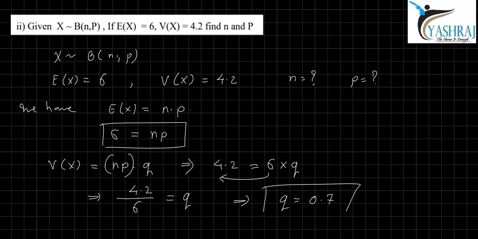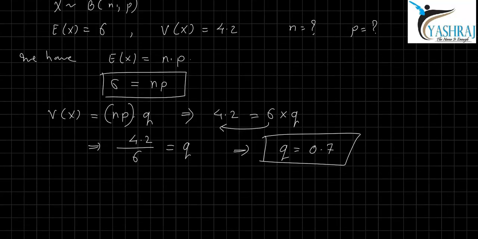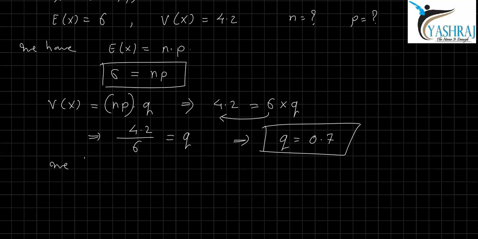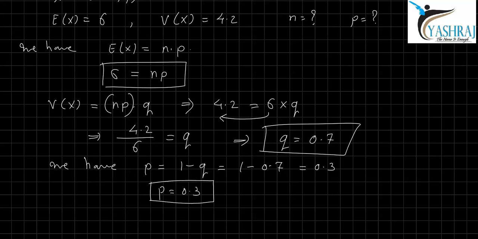So our answer becomes 0.7. Now for evaluating the value of p, we have p equals 1 minus q. So 1 minus 0.7 gives us 0.3. That means p value we have is 0.3.